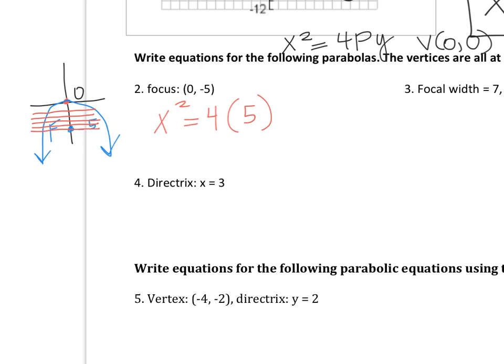If you'd like, I can always provide you with grid paper during a quiz or a concept check, or you can just sketch it like that. And y. So x squared equals, now remember that this opens downward, so it's -20y. That is the equation for the parabola for this number. So sketching it will help me a lot.